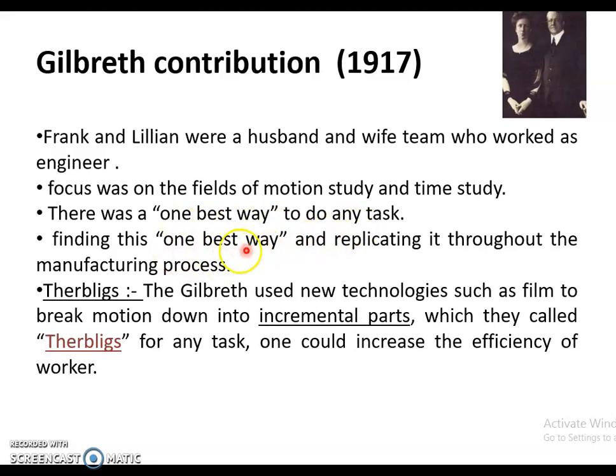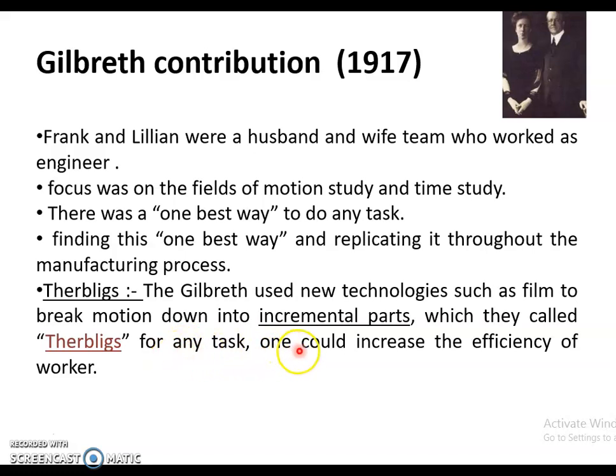Believing this philosophy, that is, one best way of doing any task, they replicated it in the manufacturing processes. They devised various symbols known as therbligs. Gilbreth used new technologies such as film to break motion down into incremental parts, which they called therbligs.